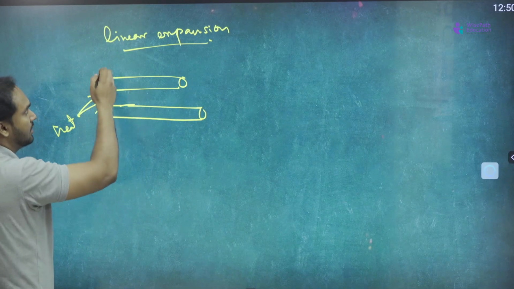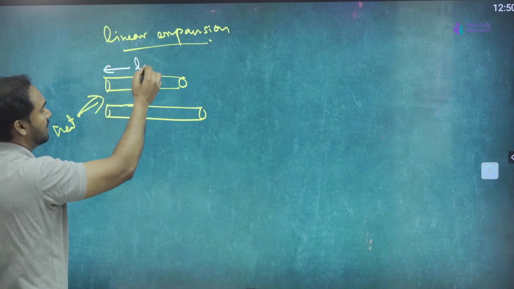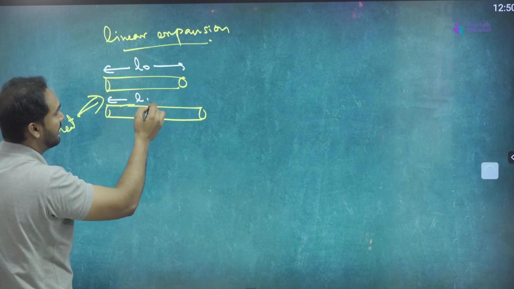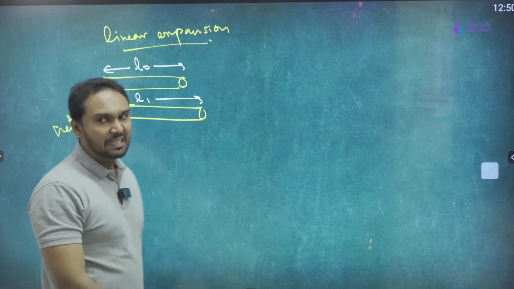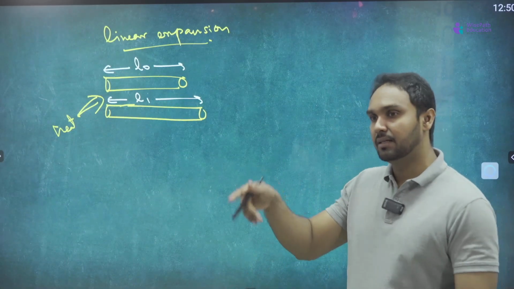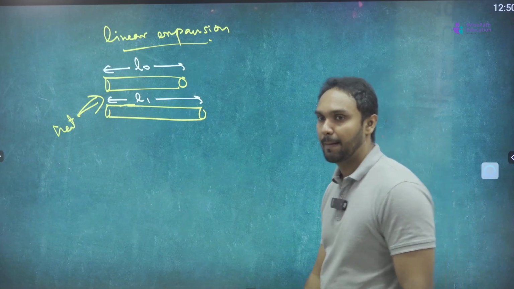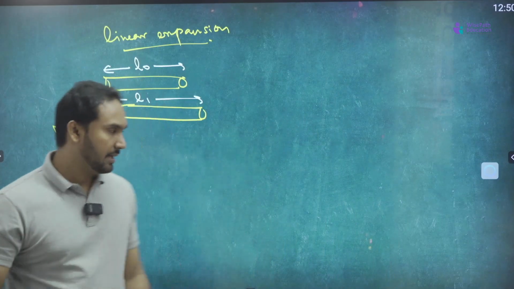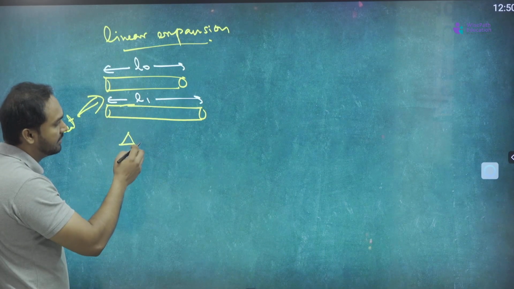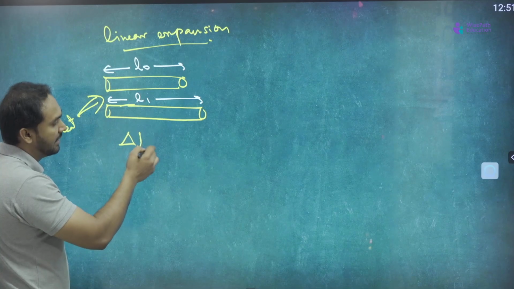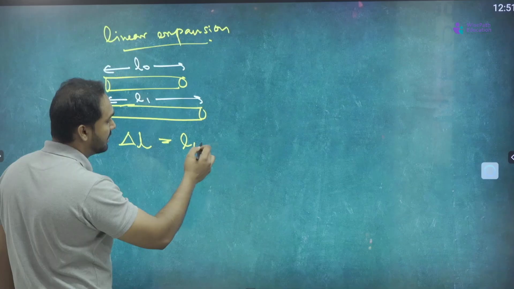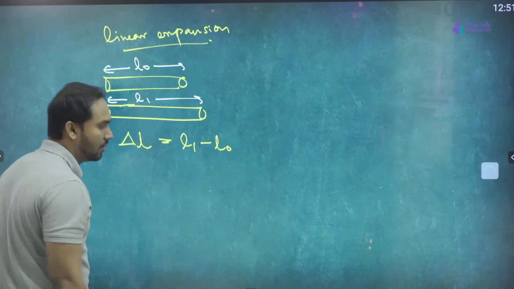If I take the initial length as L0 and the heated, or final, length as L1, the amount of length that increased is L1 minus L0. I'll take the increased length as delta L. So delta L equals L1 minus L0.